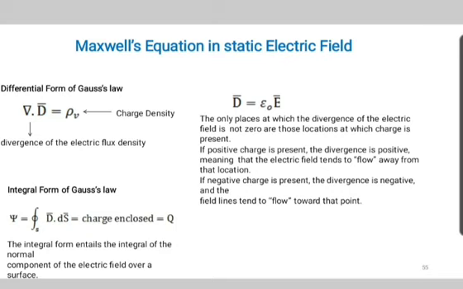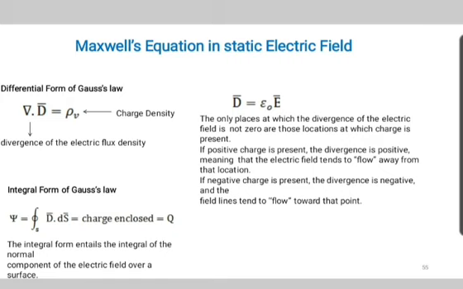So Maxwell's first equation is the point form of Gauss's law, which we have already studied. The statement is: the electric flux per unit volume leaving a vanishingly small volume is equal to the volume charge density.